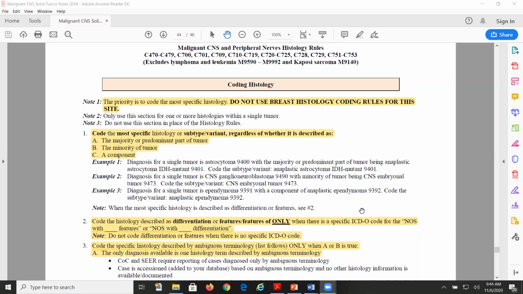The priority is to code the most specific histology. The most specific histology can be described as majority or predominant part of tumor, minority of tumor, or a component. Do not code histology described as differentiation or features of; code the histology described as differentiation, features of, only when there's a specific code using those terms.